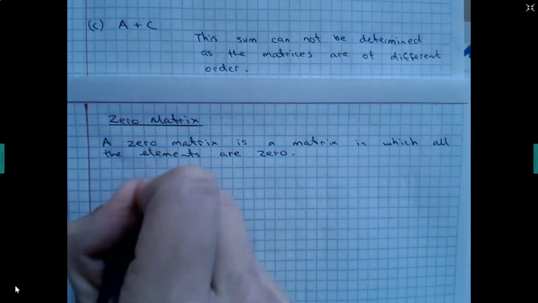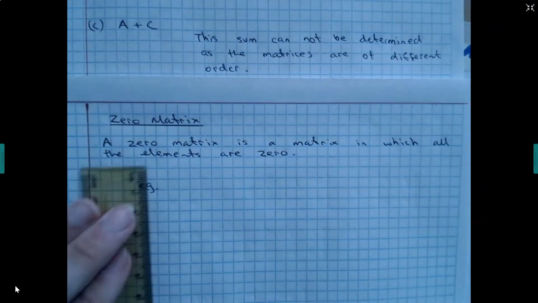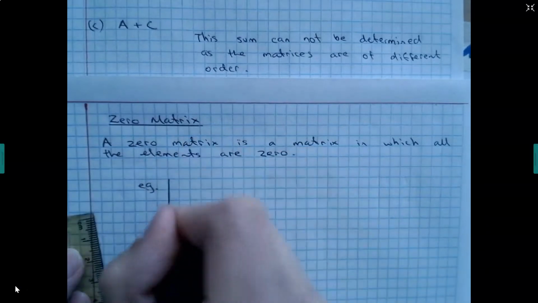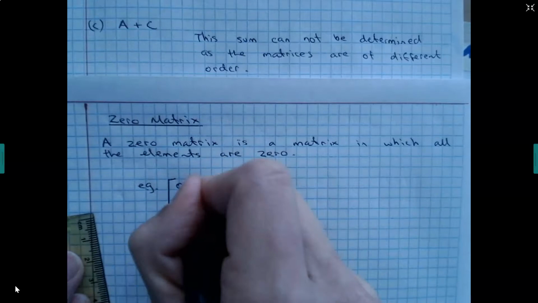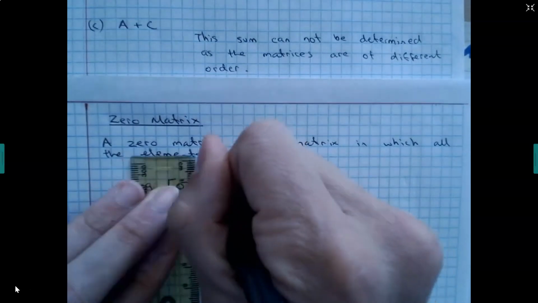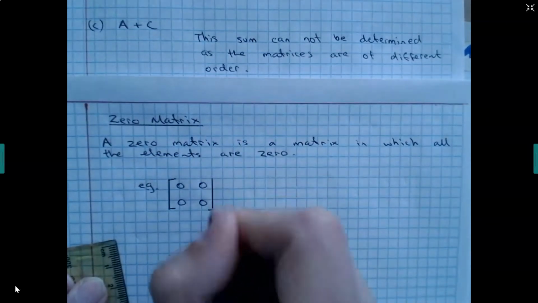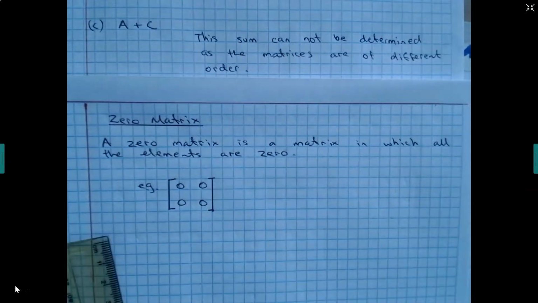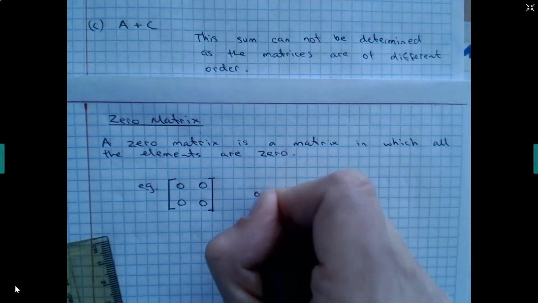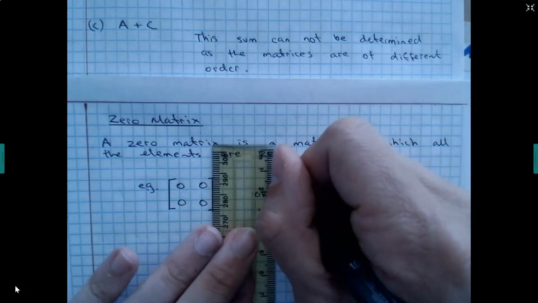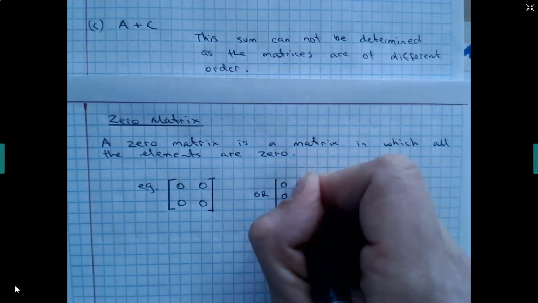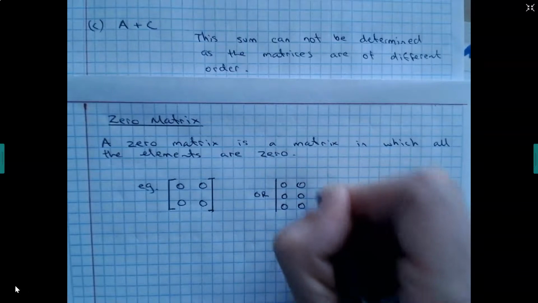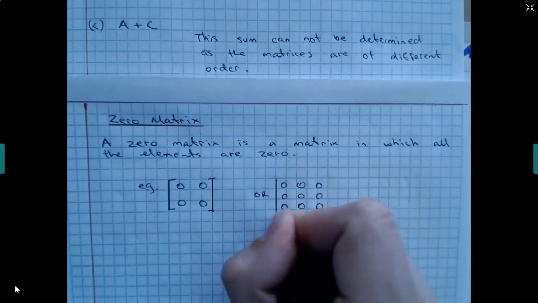E.g., if I had a 2 by 2 zero matrix, it would just mean I have 0, 0, 0, 0. Or if I had a 3 by 3 zero matrix, it would just be 0, 0, 0, 0, 0, 0, 0, 0, 0.